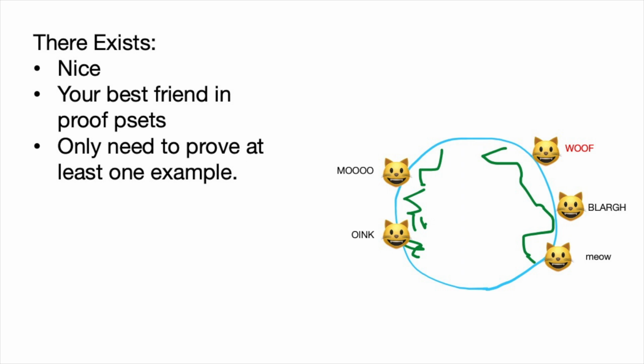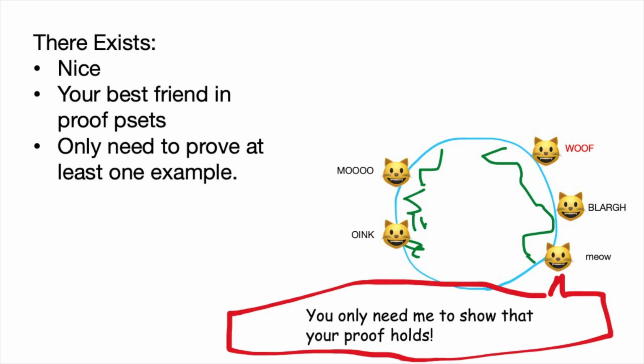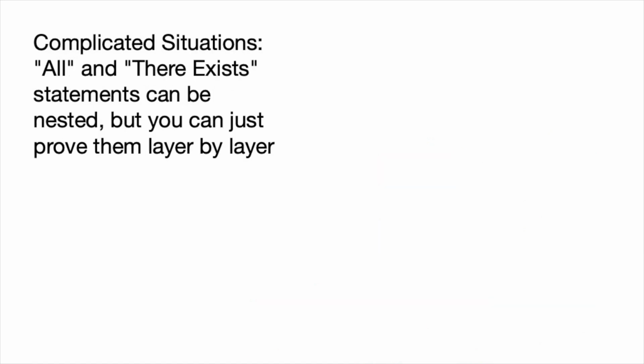If we had the statement, there exists a cat that says meow, we only need to show that one cat says meow to show the existence of a meow-saying cat. And so we can just be like, here's a cat that says meow, and bring our cat, meow, and that's the proof. Alright, and in summary, we only need to prove for one example, at least one example.